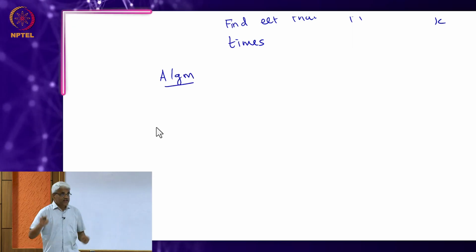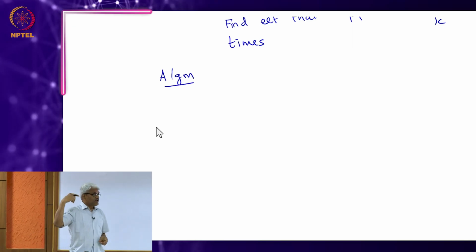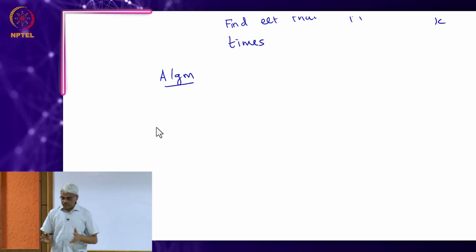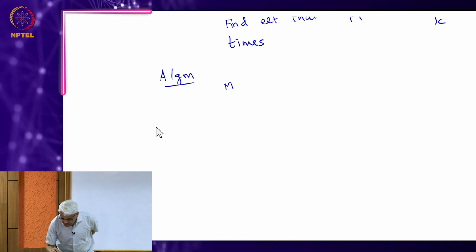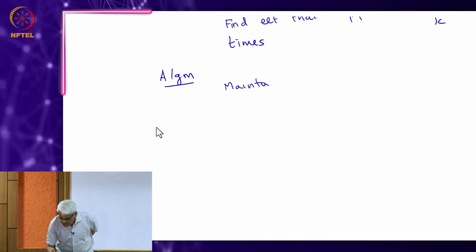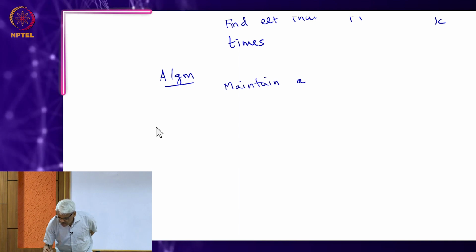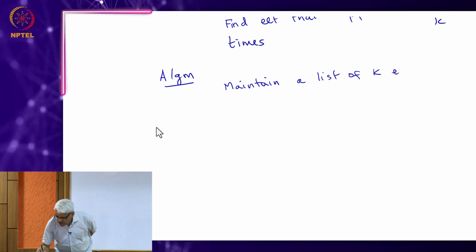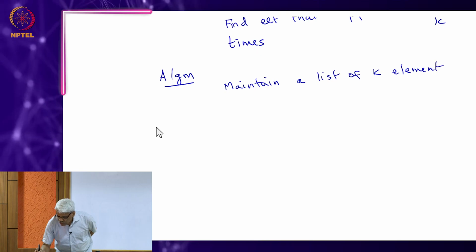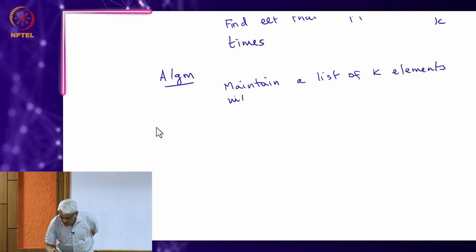And you will see this algorithm again and again in the later part of the course, improving space and so on. We are going to maintain a list of k elements with a counter for each.